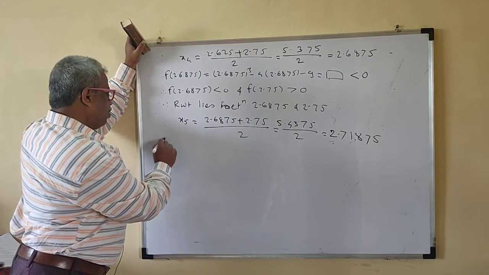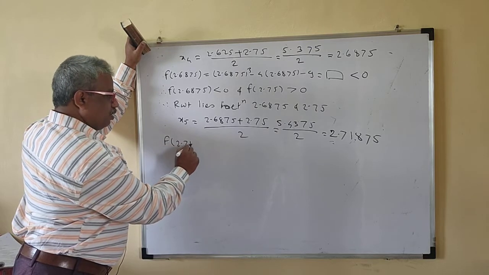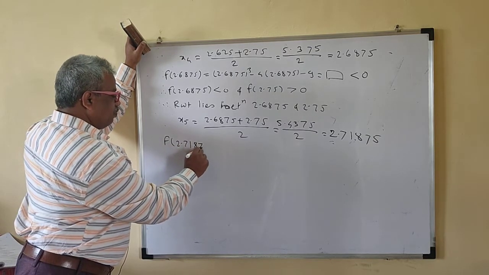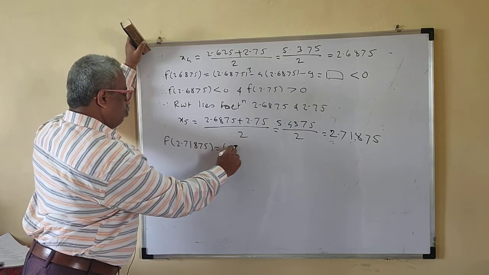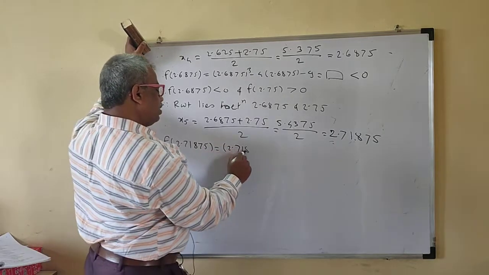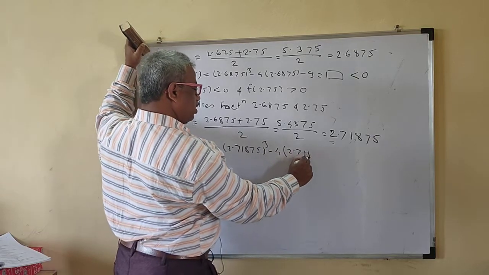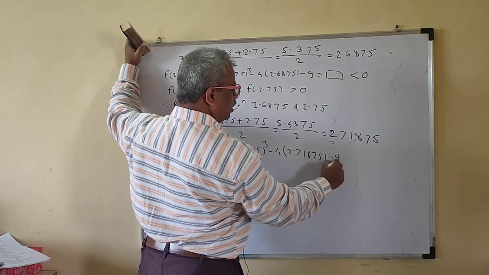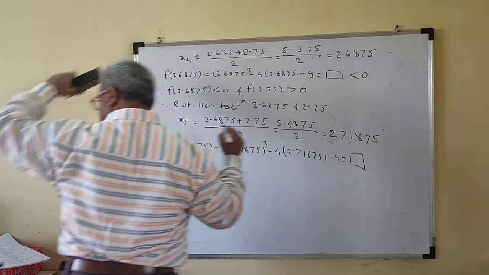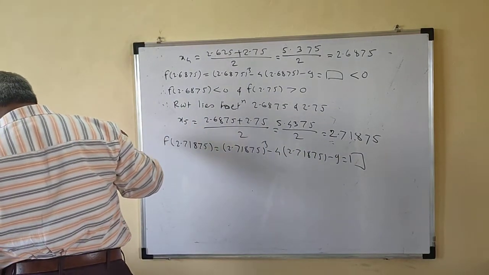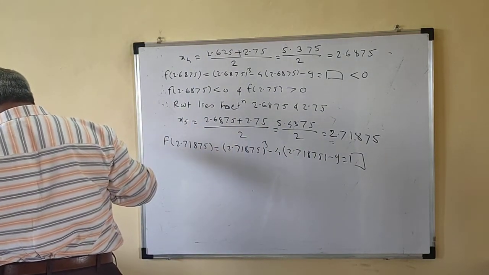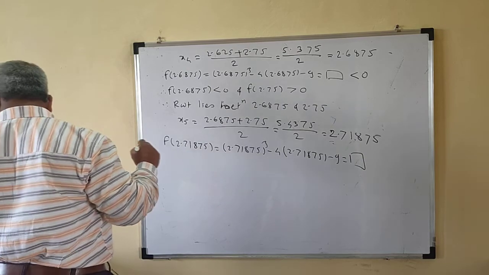Okay, now we find f of 2.71875 is equal to 2.71875 cube minus 4 into 2.71875 minus 9. Whatever the value, we'll check whether this is positive or negative. So that is negative now.